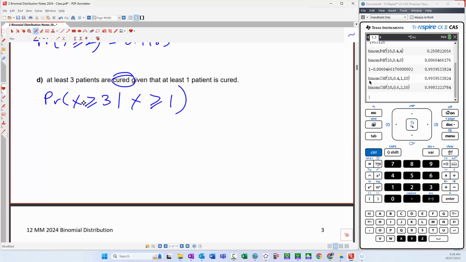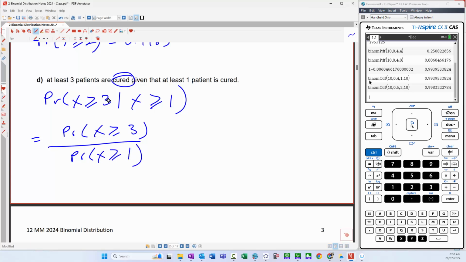So we're looking for the chance that the random variable is larger than or equal to 3, given that I know it's greater than or equal to 1. So that's going to be the same as the probability that the random variable is larger than or equal to 3 over the random variable being greater than or equal to 1.